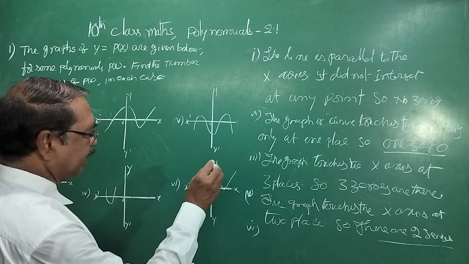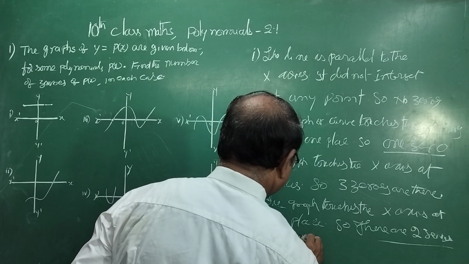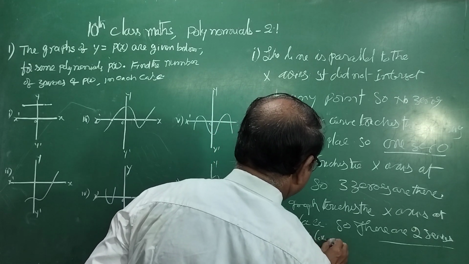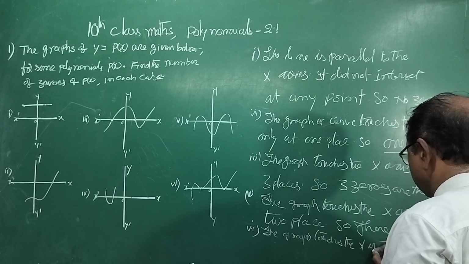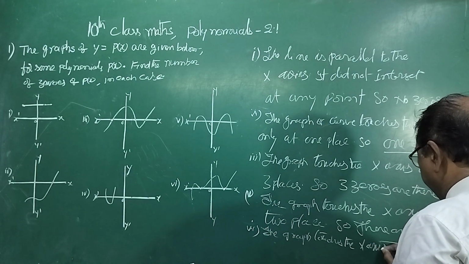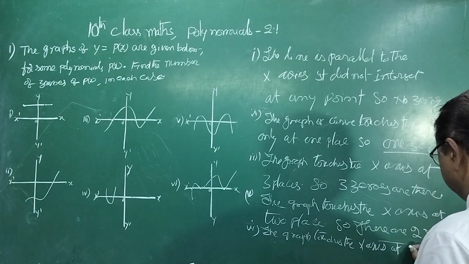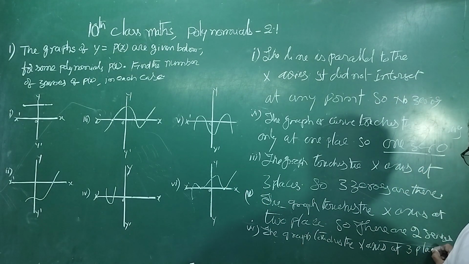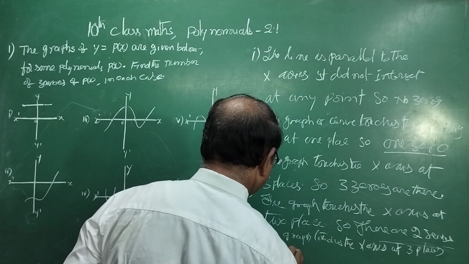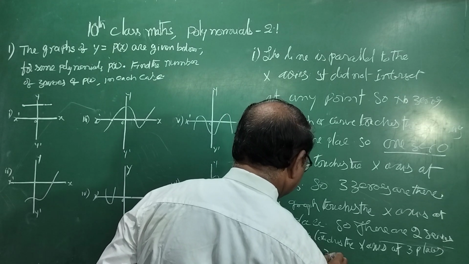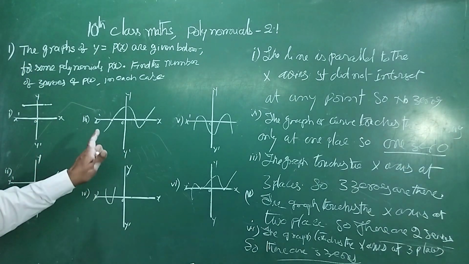At 3 places the graph touches the x-axis, so there are 3 zeros. Like that we can write.